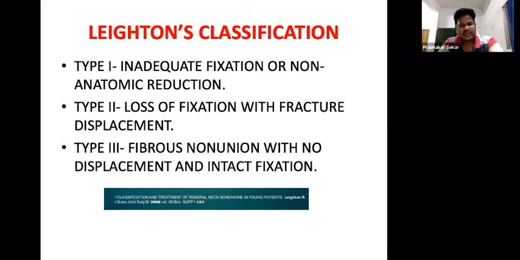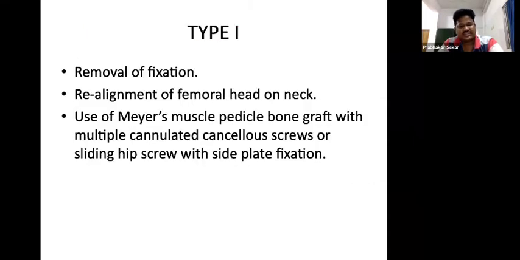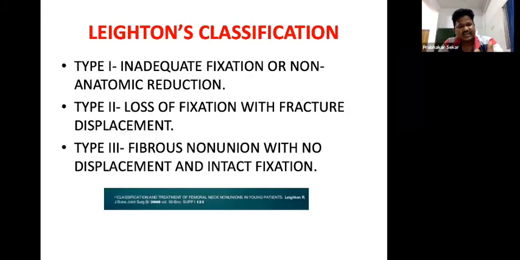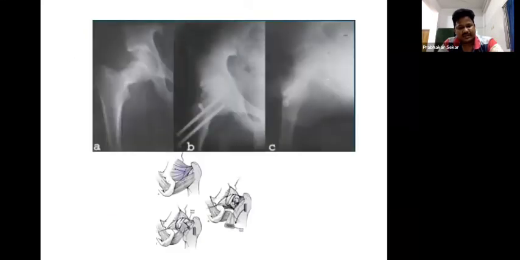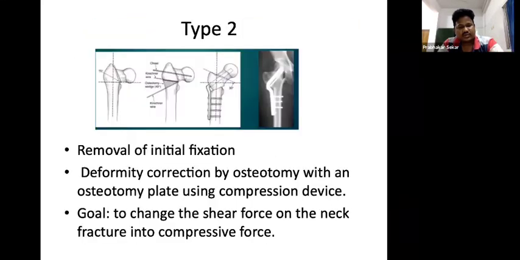type 3. So in type 1, you remove the fixation, realign the femoral head or neck, and use the muscle pedicle graft, because it's an inadequate fixation. You have to reduce the fracture accurately. I have already shown that here.